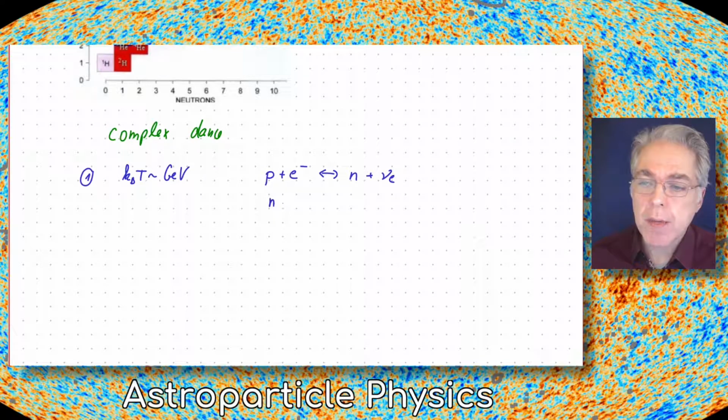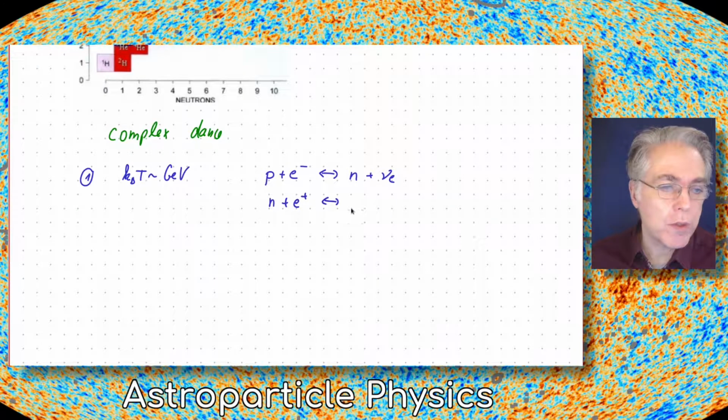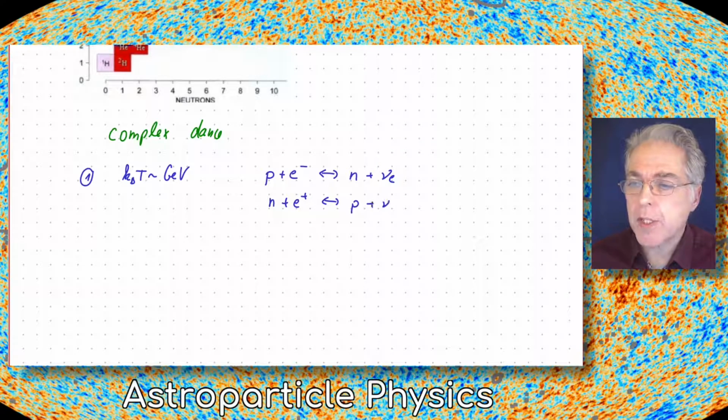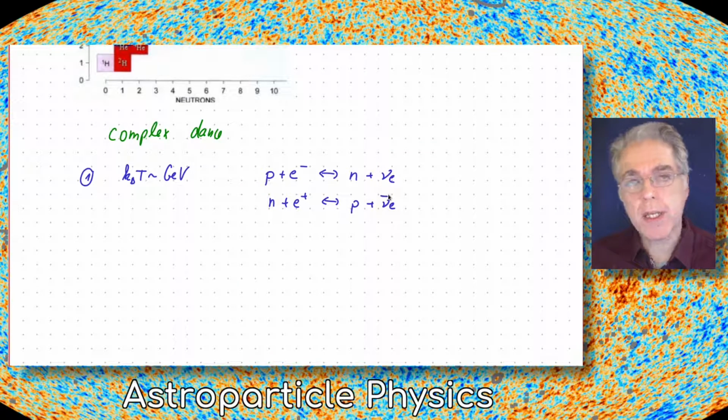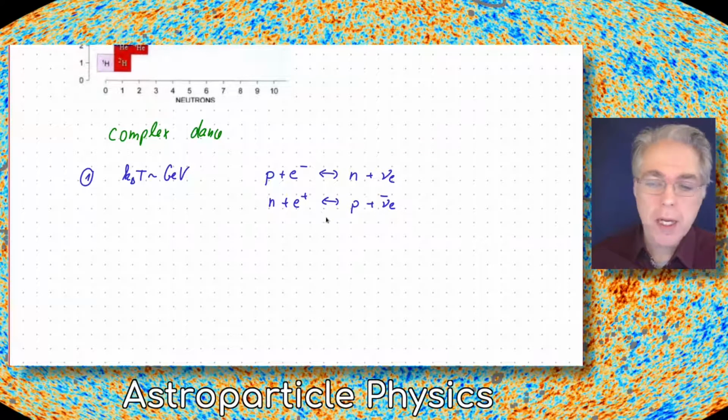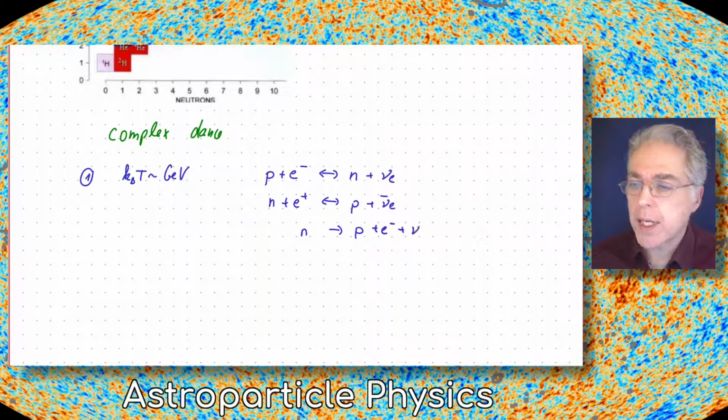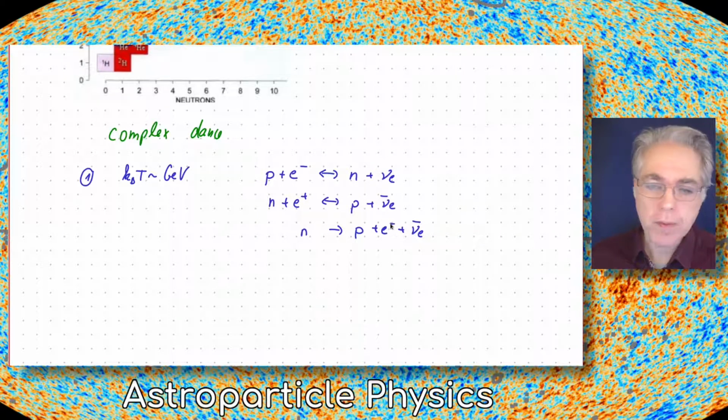And also the same for the process that is a positron capture. You go into proton plus electron antineutrino. And these processes again work in both ways. And then you have also the decay, working in the only way that it can: the neutron can decay into a proton, electron plus an anti-electron neutrino.